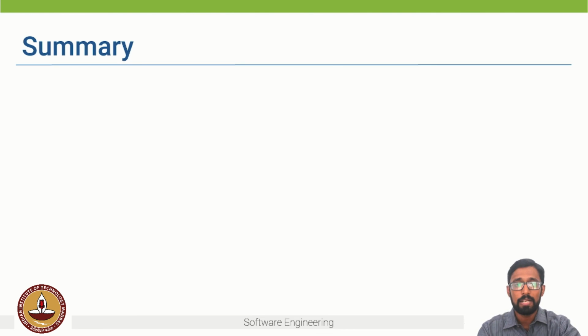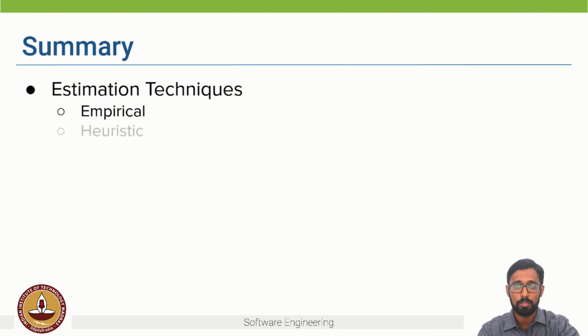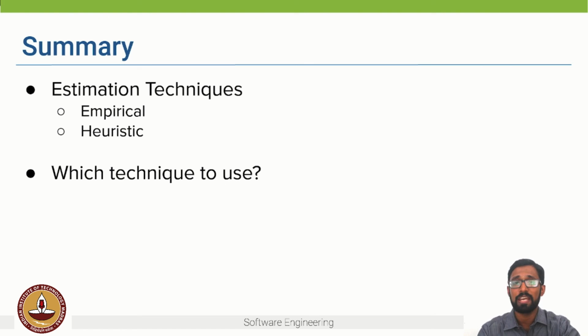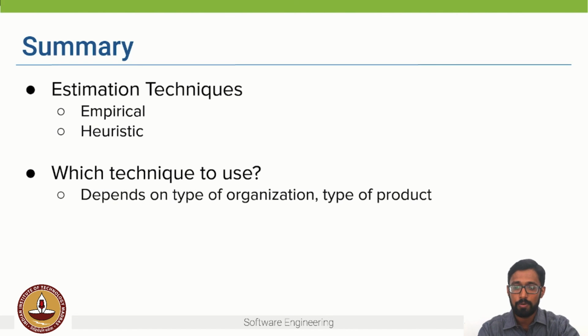So to summarize, in this video, we looked at several estimation techniques, both empirical and heuristic. Another question now to ask is which technique to use for a particular project. What estimation techniques project managers use depends on various factors like the type of organization, the type of product which is being built, right?